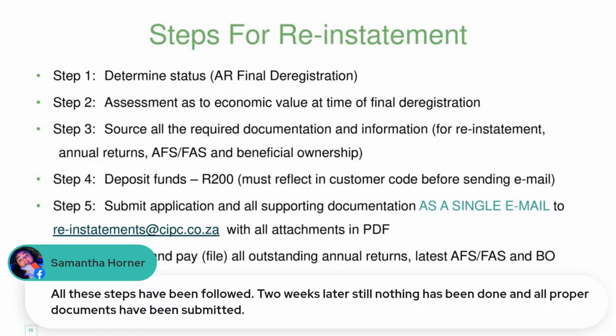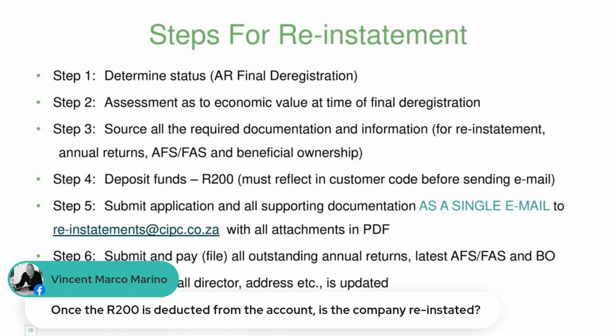We have about 7,000 applications to be processed. Please send an email to inquiry.reinstatements with the registration number and customer code so that we can check what's the delay. Thank you, Brenda.